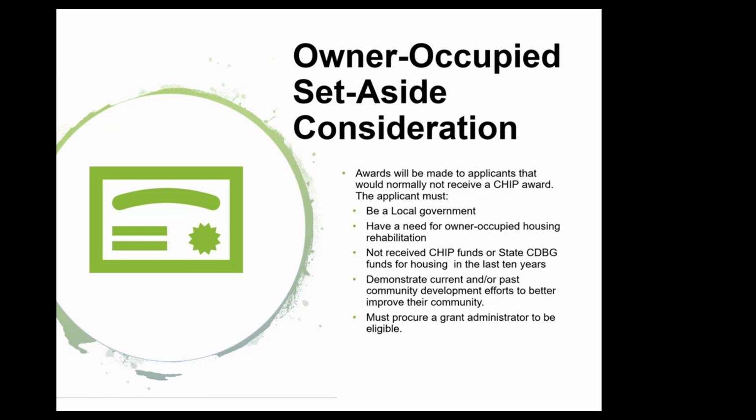Tell us what you've done so that we can say, okay, they're doing something in their neighborhoods, and even if they haven't received any assistance, they have taken their own initiative. The main purpose of this part of owner occupied rehab consideration is that we want to give you an opportunity to receive CHIP funding.